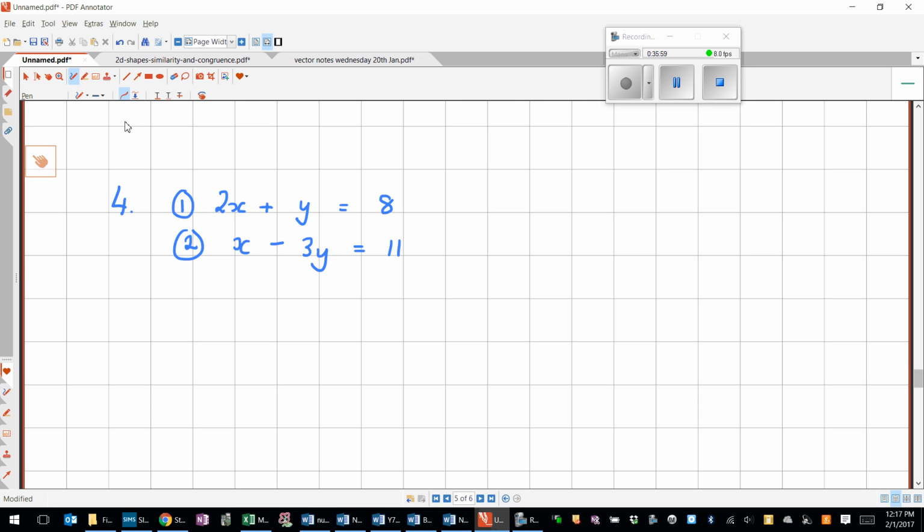So we can multiply through. For instance, I know that 2x plus 1y is 8. If I were to double the whole thing, could I say 4x plus 2y equals 16? Does that make sense?